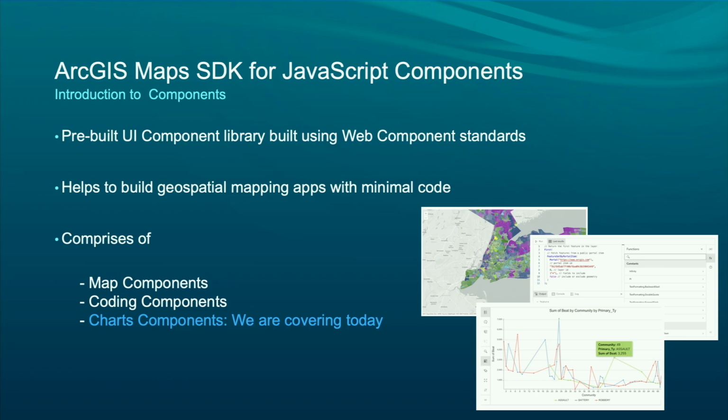Currently, it comprises the map components, which include the map component, the scene component, and many components with functionality equivalent to existing widgets in the JavaScript Maps SDK. The coding components package will eventually contain a wide range of tools and code editors that support coding. Currently, it has the Arcade editor component, which allows the end user to create Arcade expressions. The newly released charts components that we are talking about today contain a series of components that can be used to build charts in your application.